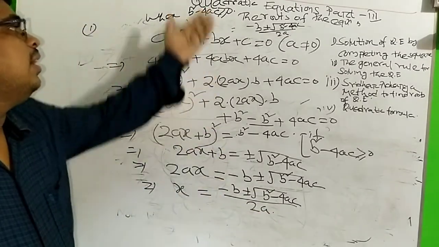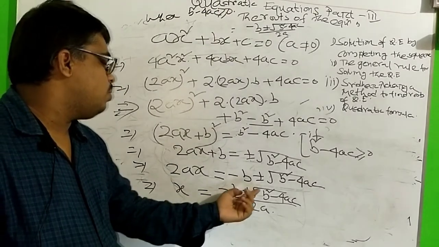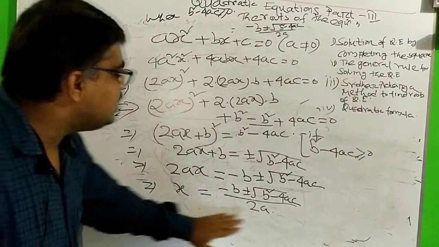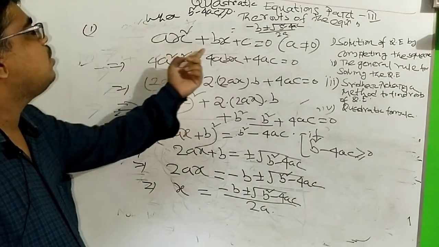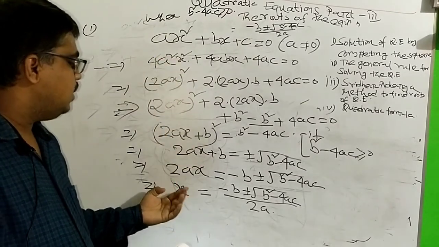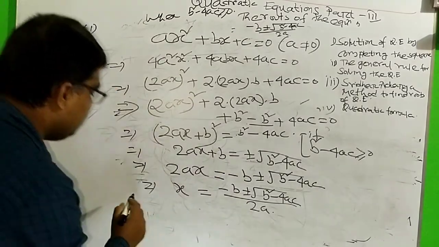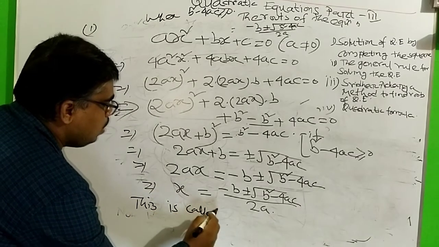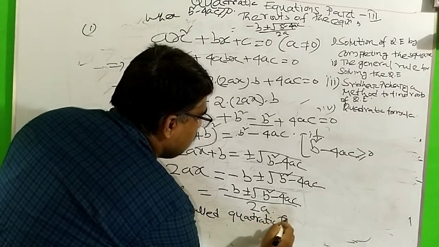We obtained as before the root of this equation, minus b plus minus root over b square minus 4ac by 2a. This is called the quadratic formula.